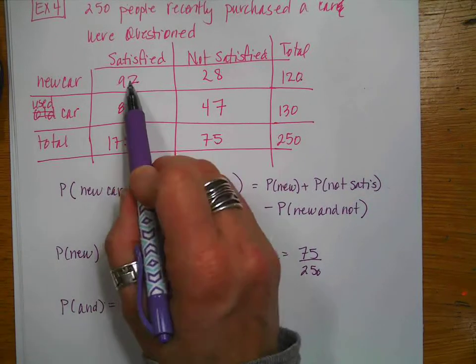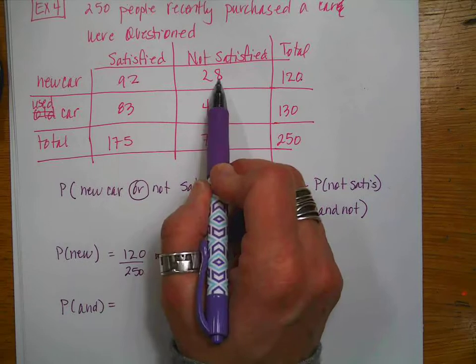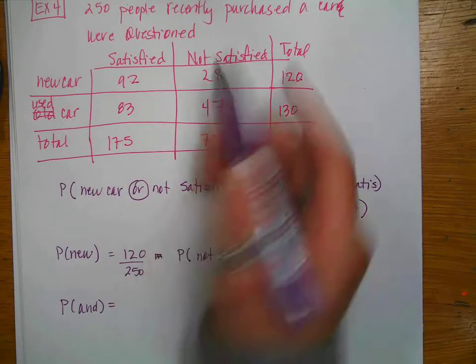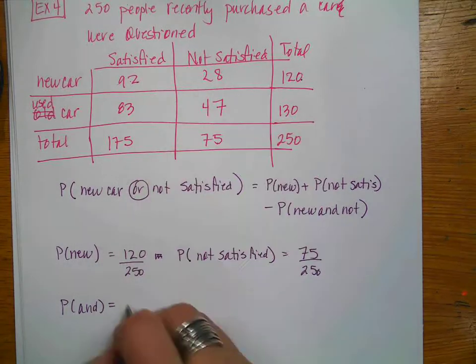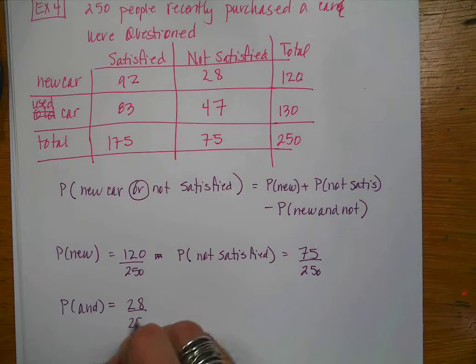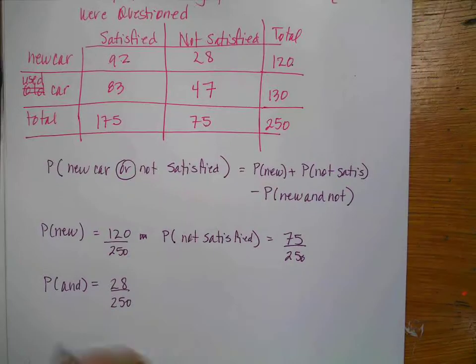And then the probability, I'm just going to write and, so new car and not satisfied was 28, okay, right here. So this is the new car line, this is the not satisfied, so it's 28 out of 250.